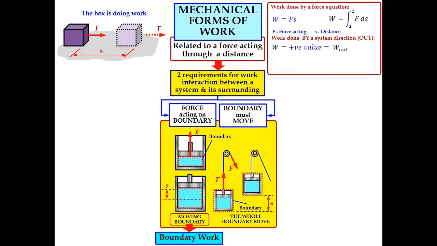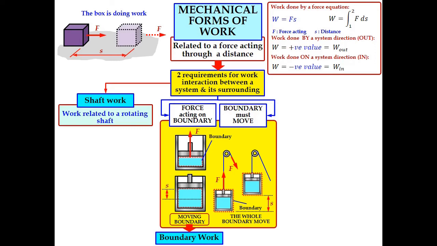So we can write the work done as a positive value, or we can just write W out to represent the work done by a system. However, for work done on a system, we refer to the symbol of W or work as a negative value, or we can represent the work done on a system with the symbol W in. Okay, so this is how we describe the direction of the work done by a system or on a system.